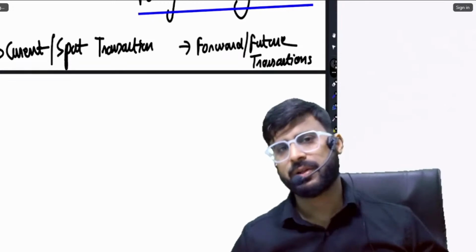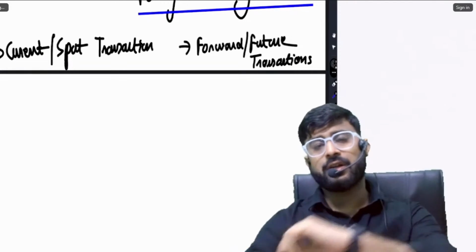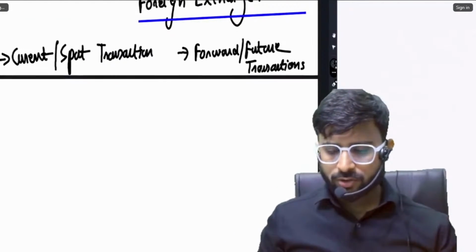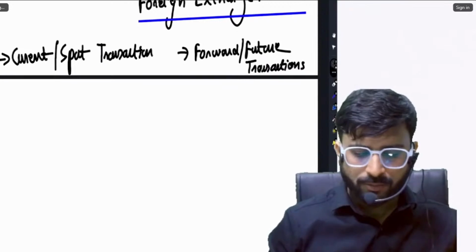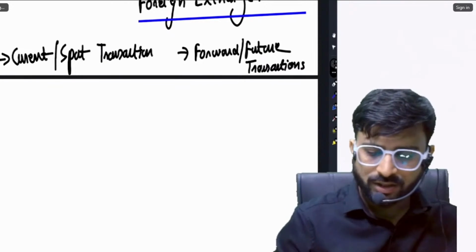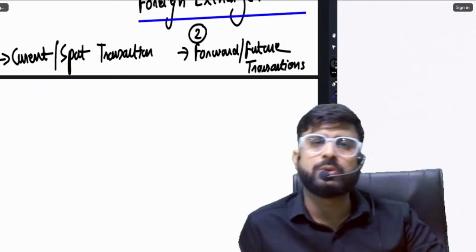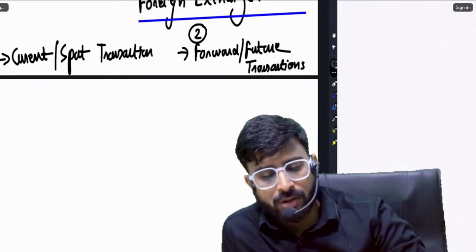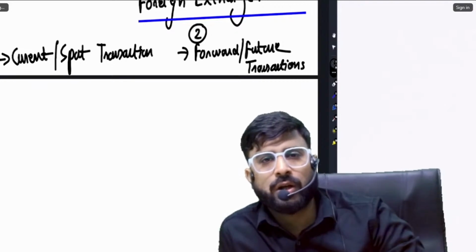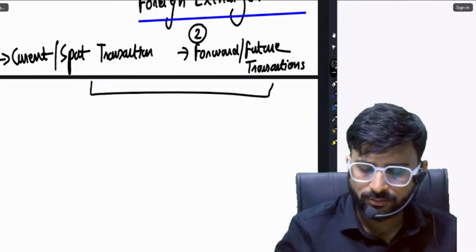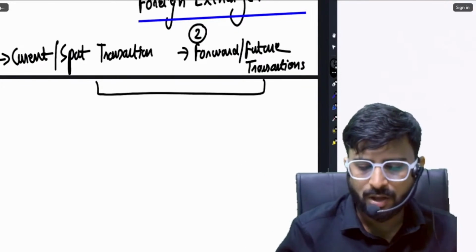Now pay attention, everyone. Listen carefully, everyone. So there are two kinds of transactions we are talking about. One is current transaction and the other is forward or future transaction. Okay. That's cool, sir. So what are we exactly talking about now? Pay attention.